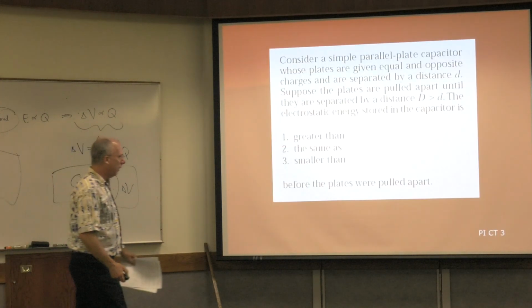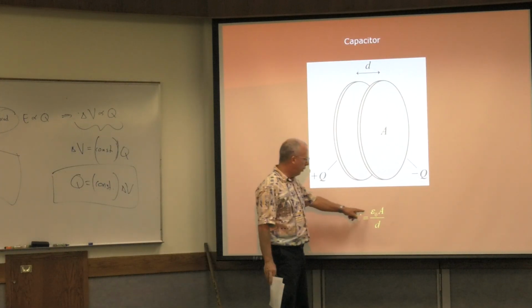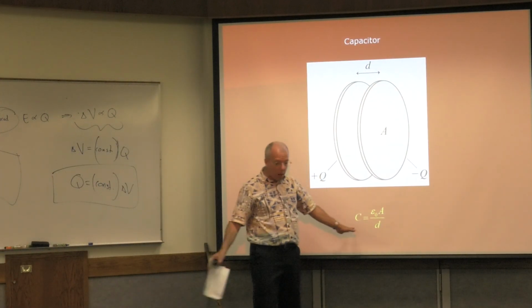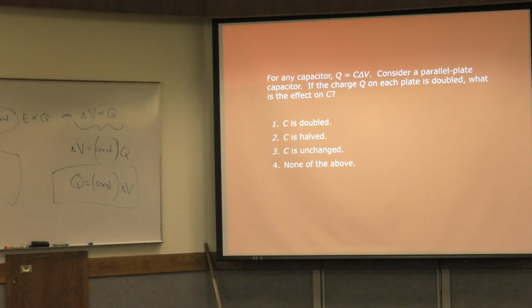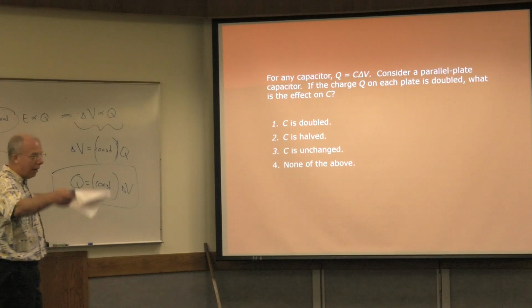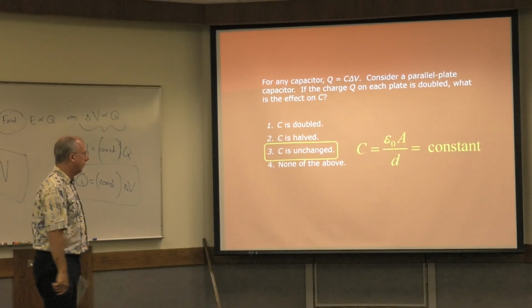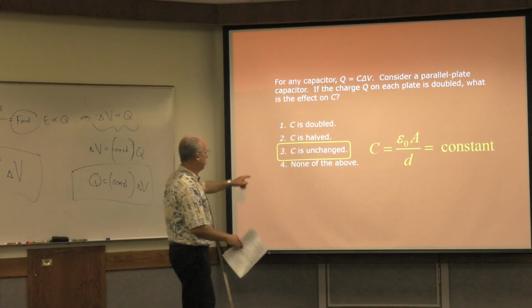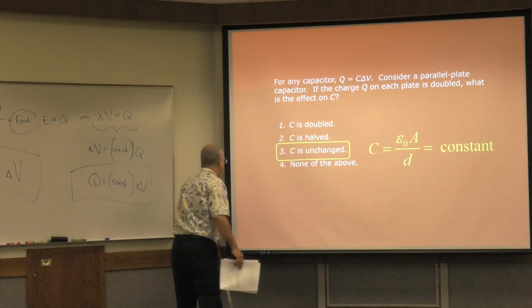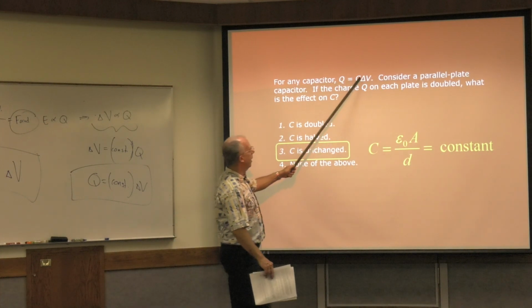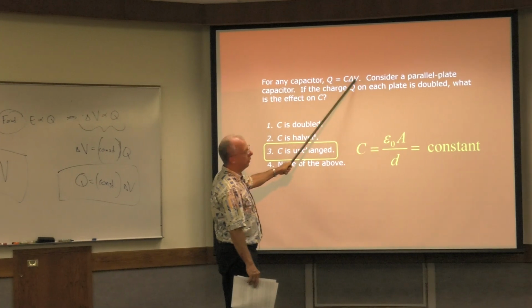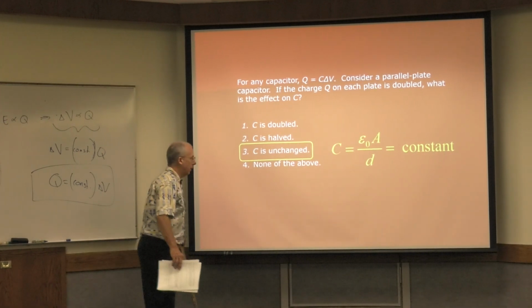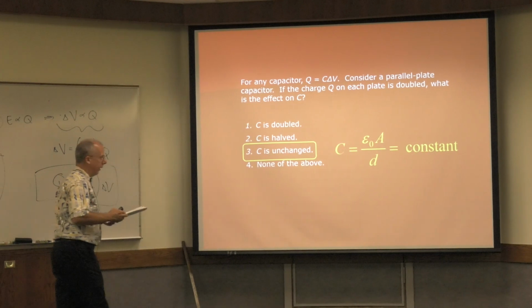Look at the formula. Does it depend on Q or V? Not at all. So if you double the Q, it has no effect whatsoever. C doesn't change. But if you double the Q, what else has to double? The delta V has to double.